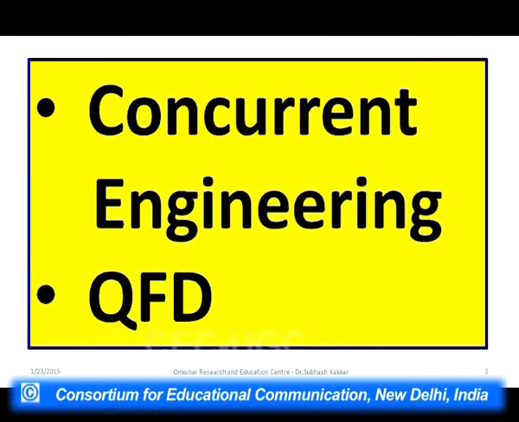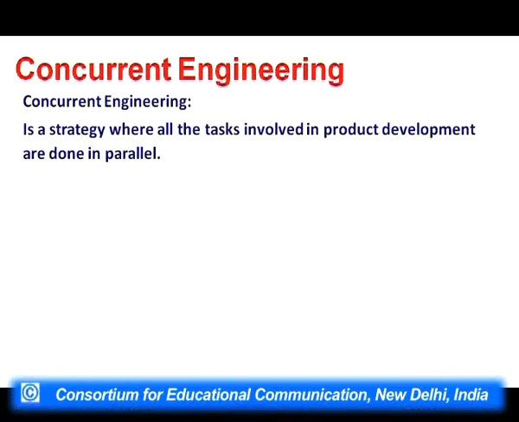Concurrent engineering and QFD, we shall be devoting time to discuss concurrent engineering and its meaning. Concurrent engineering is a strategy where all the tasks involved in product development are done parallel and simultaneously.